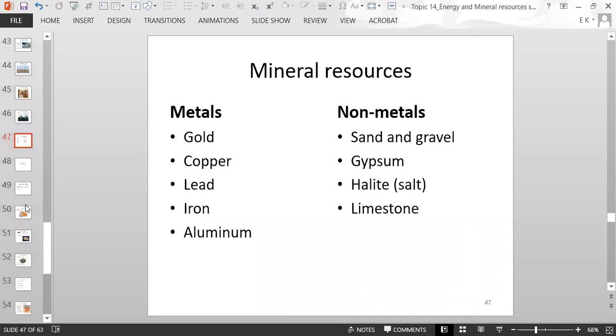So then we have mineral resources, metals and non-metals. So metals include gold, copper, lead, iron, and aluminum, just as examples. And then non-metals, we have sand and gravel, gypsum, halite, which is rock salt, and limestone as examples.